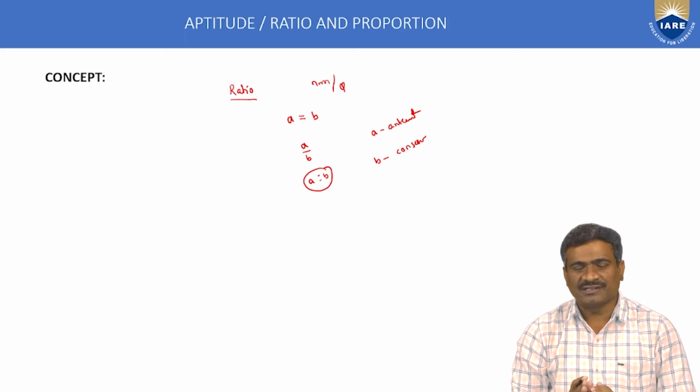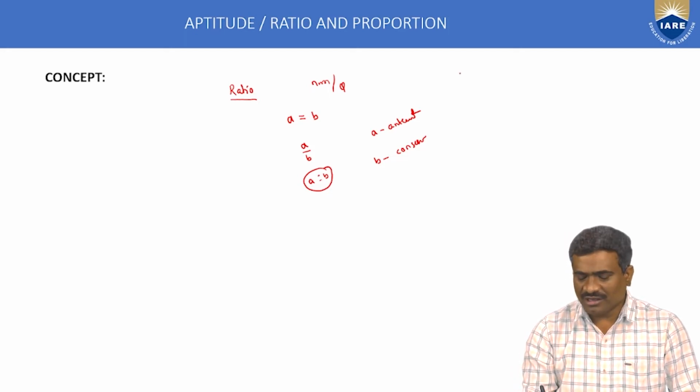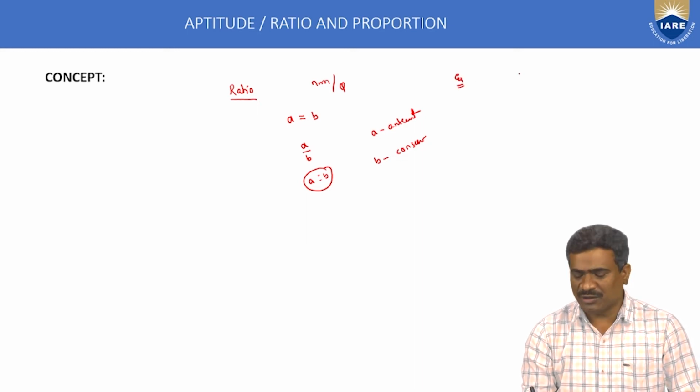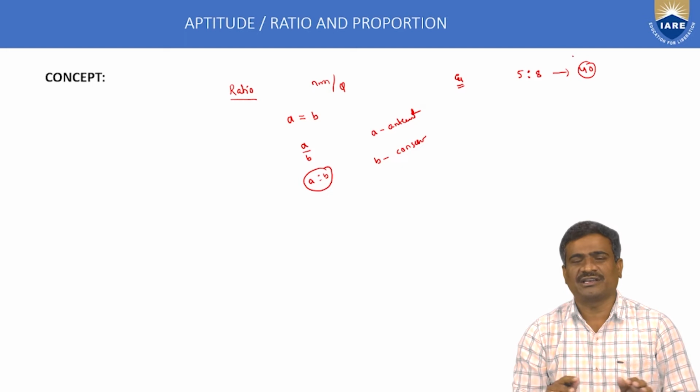An example belonging to the ratio definition: if the ratio of two numbers is 5:8 and the antecedent is 40, then the consequent is what?